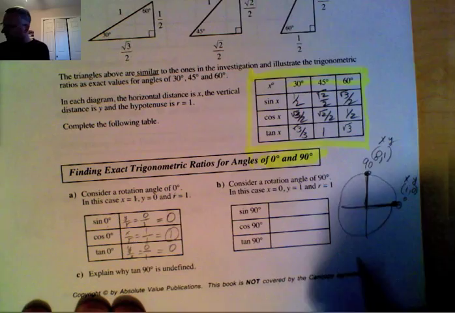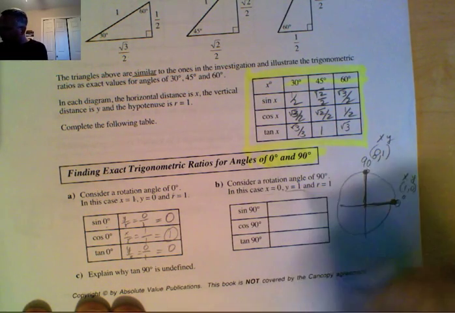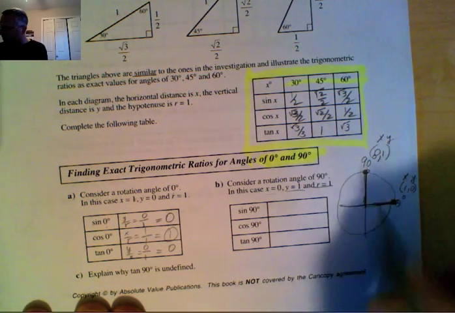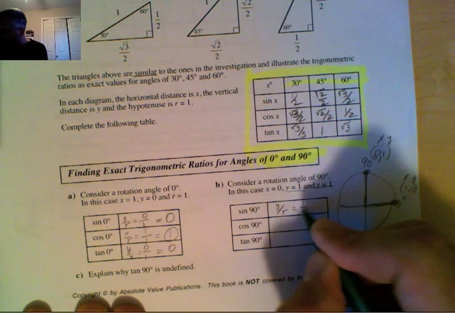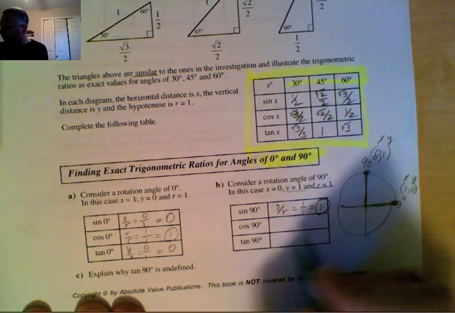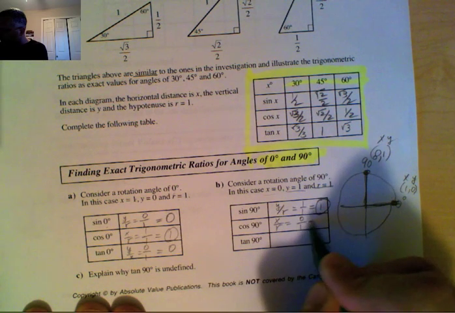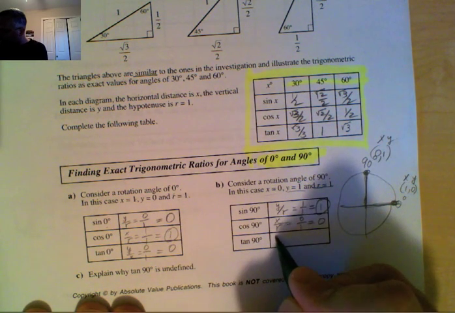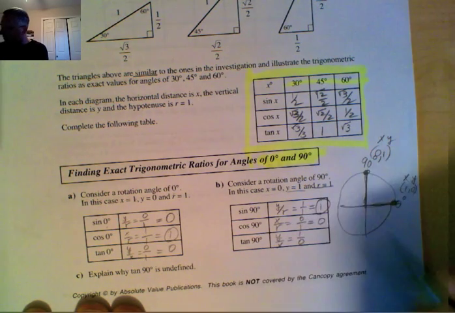If we now go to 90 degrees, x has a value of 0, y has a value of 1, and our radius is 1. So y over r is going to be 1 over 1, which gives us a value of 1. Cosine is x over r, which is 0 over 1, or 0. Tangent's y over x. Now you have to be careful here. Y is 1 and x is 0.